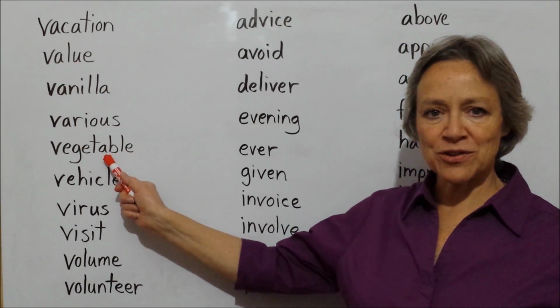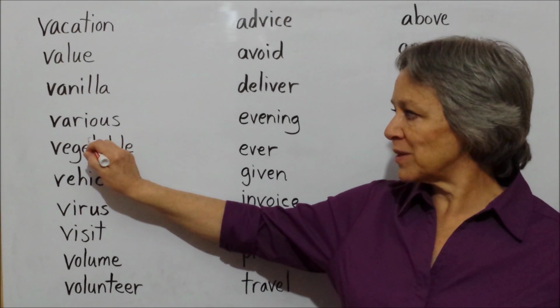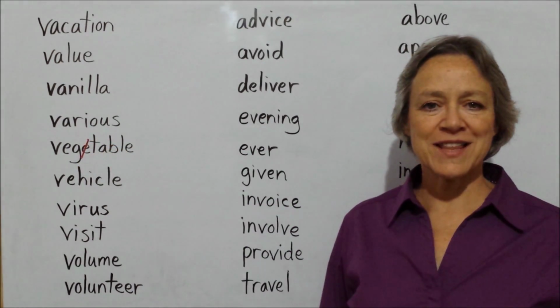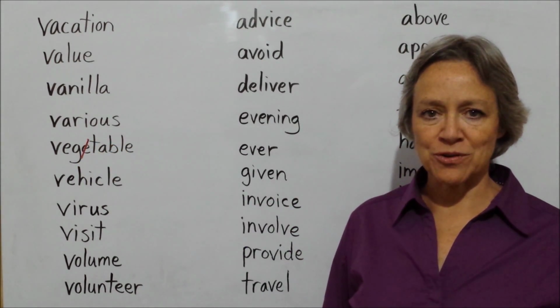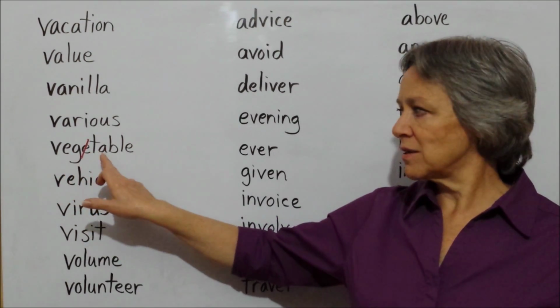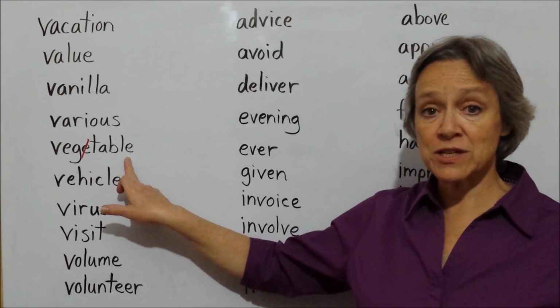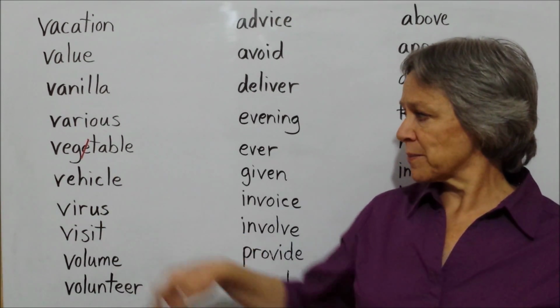And in this word, it's the word vegetable, we normally do not pronounce that letter E in the middle of the word. So we pronounce this as vegetable, vegetable. Okay, we pronounce it as a 3-syllable word.